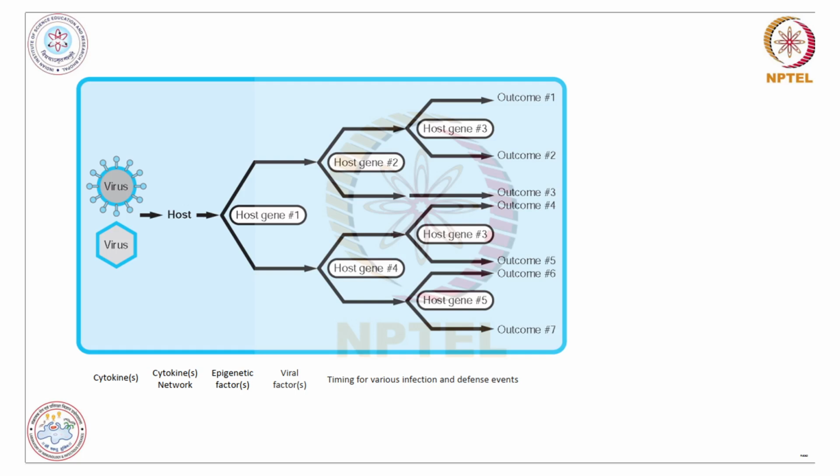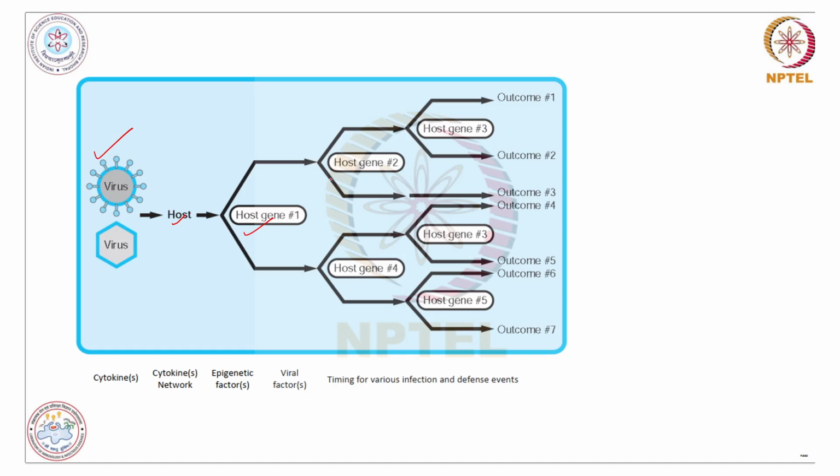So here in this case, what is happening? Different individuals will respond differently to the same virus. Here the virus is of a particular type. And when this virus infects the host, host gene 1 will respond to this virus differently.